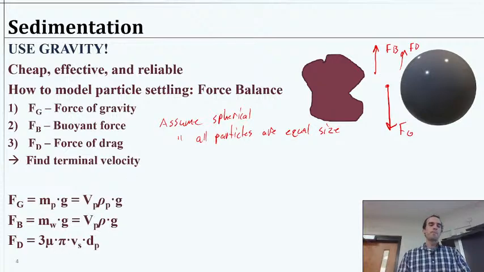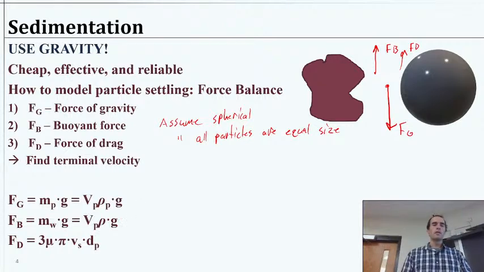But basically, the force of gravity is the mass of the particle times the acceleration due to gravity. The buoyant force is the mass of the water displaced by the particle times the acceleration due to gravity. And then the force of drag would have something to do with the area of the sphere as it's traveling through the water at some velocity.